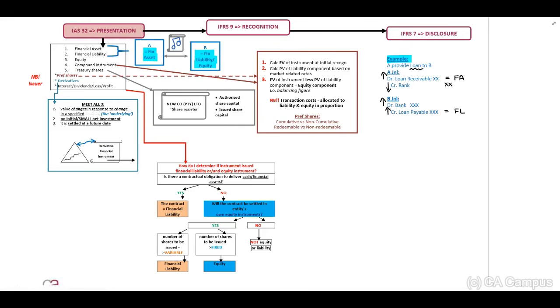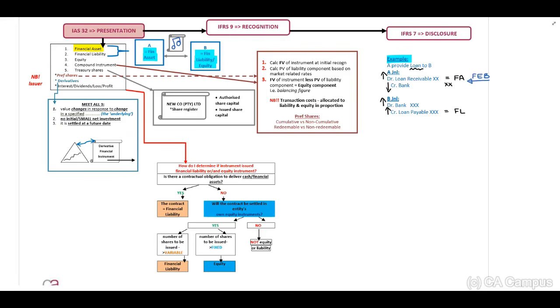Therefore, when we look at our financial asset, a financial asset complies with the definition of our conceptual framework. This will be future economic benefits that will be received by the entity. That entity will receive something in future.